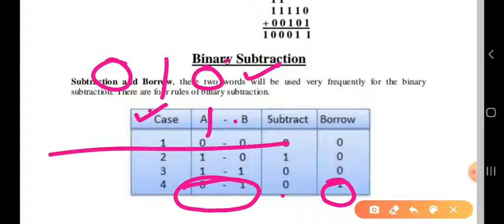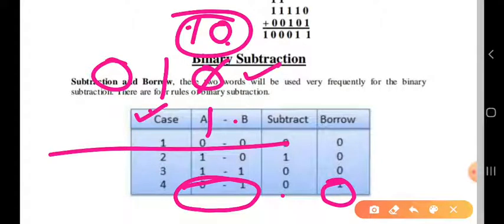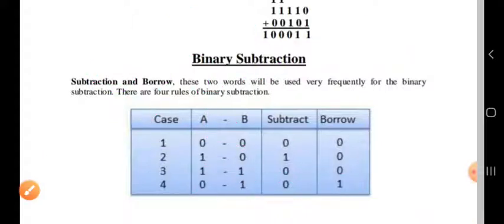When it takes a borrow, this 0 will be cancelled and 10 will be the number, and when you subtract 1 from 10, keep in mind it is not ten, it is one-zero. In binary, 10 is known as 2, and when you subtract 1 from 2, you will get a 1 over here. So keep in mind, this 0 doesn't mean that this is your result. This shows that it is not possible.